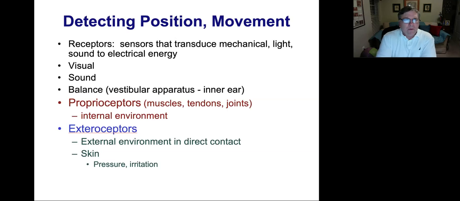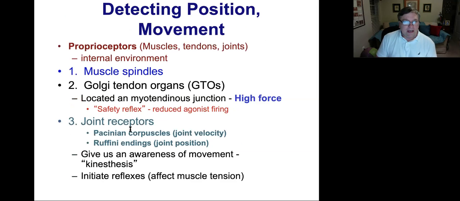Okay, so we're going to talk a little bit about reflexes over the next few minutes, detecting position and movement. We have a number of receptors, proprioceptors, which detect muscle and joint movement, and exteroceptors that tell us about the environment. Some of them are in the skin.